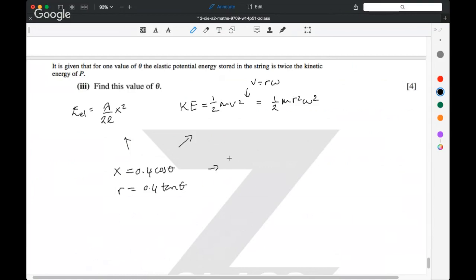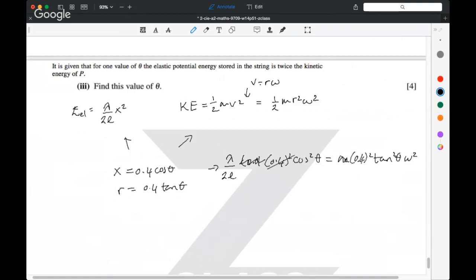We get lambda over 2L times 0.4 squared over cosine squared theta is equal to m times 0.4 squared tan squared theta times omega squared.